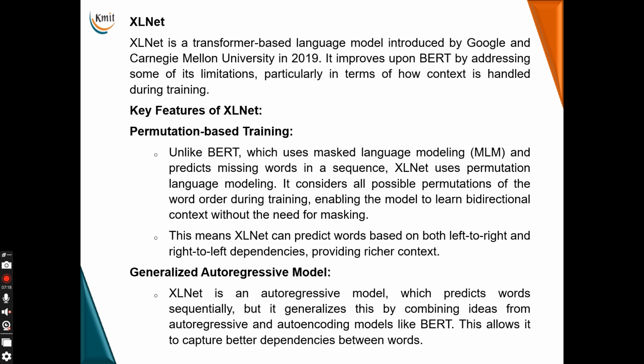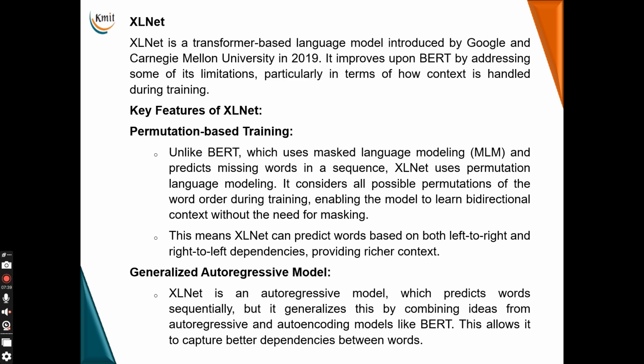What are the key features of that? Permutation based training. Unlike BERT, wherein BERT was going for masked language model, which is predicting some of the masked words, XLNet uses permutation language modeling. What do you mean by that?